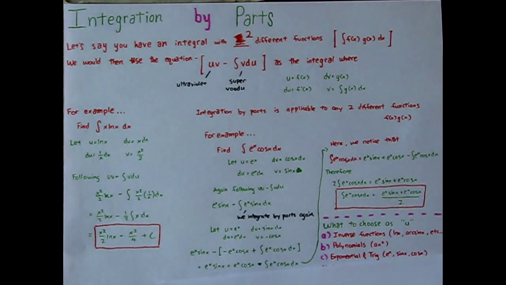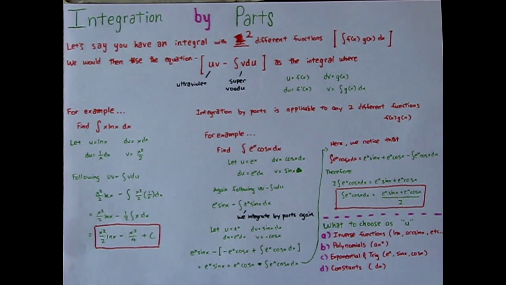Integration by parts is also applicable to any two different functions f of x, g of x. For example, if we were to find the integral of e to the x cosine x dx, we could let u equal e to the x and dv equal cosine x dx, derive and integrate respectively, and we would come out to e to the x sine x minus the integral of e to the x sine x dx.